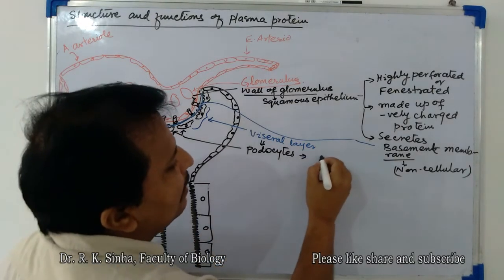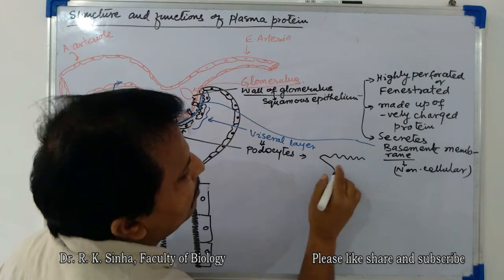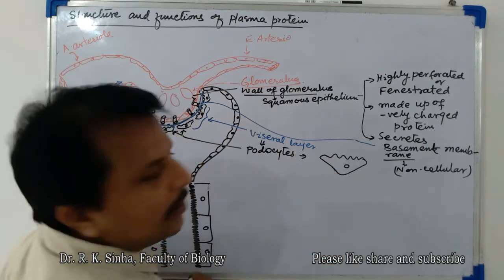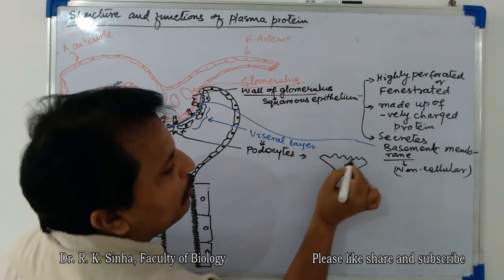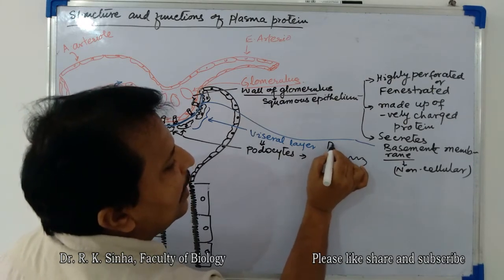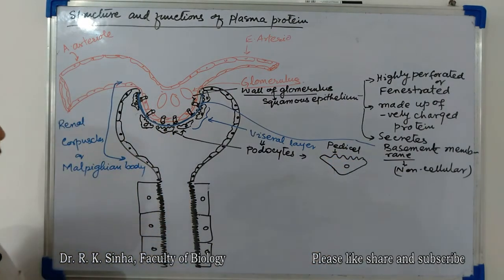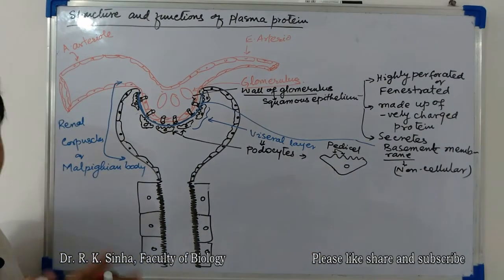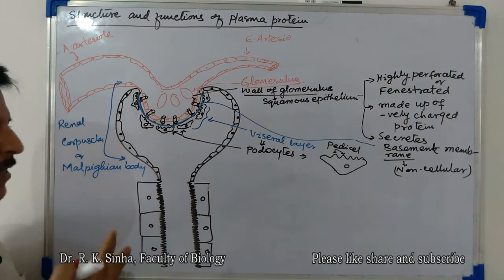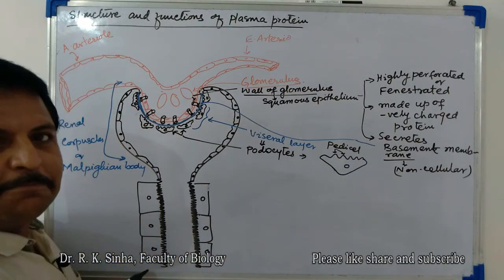A podocyte is this type of cell. There are many projections in this cell. These finger-like projections are termed pedicels. They can interdigitate with the basement membrane.